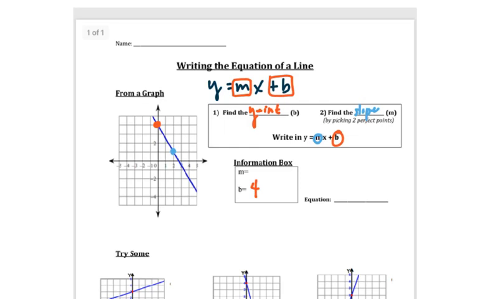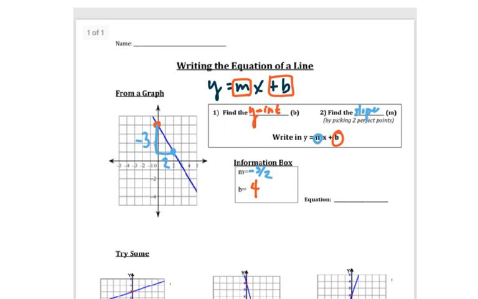So to get from my y-intercept to the next point, we are dropping down the elevator, and then we are running away. So in this one here, we're dropping down 3 and to the right 2. So the slope of this is down 3 and over 2. So m is negative 3 over 2. So my equation of the line, I now have a slope, which is my m, and I have a y-intercept, which is the b.